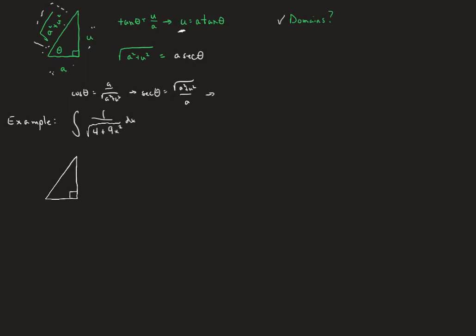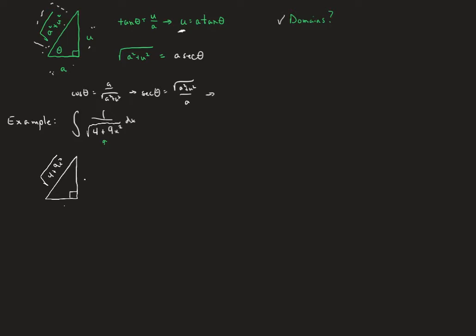Now, different than the one we did in the first example, there is no minus sign here. So when it has a plus, I think that's actually easier, but that may just be me. That means we're going to definitely call the hypotenuse the square root of 4 plus 9x squared. So that's going to make these other two sides.